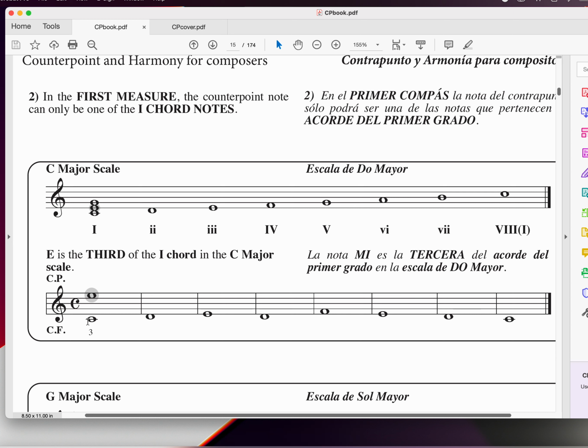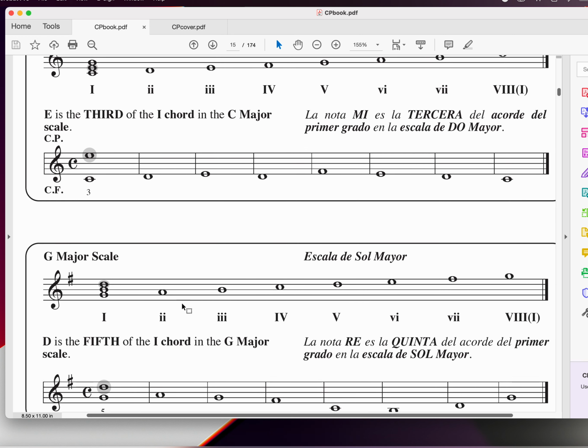The bottom one needs to be C because it defines the key in which you are making a melody, but the counterpoint note could be any other note. So in this case, we chose an E, which is the third of the chord.